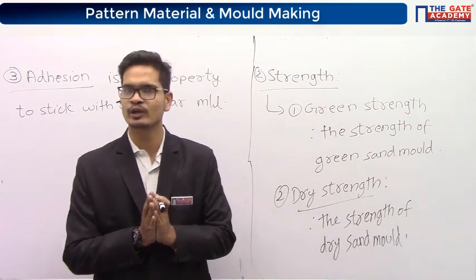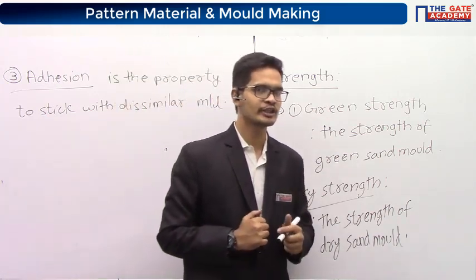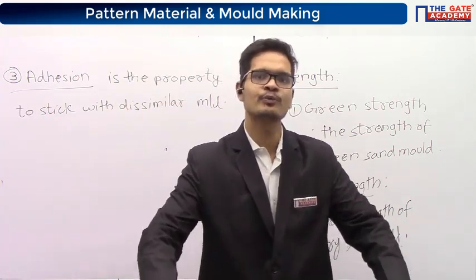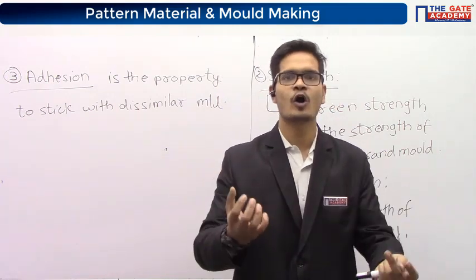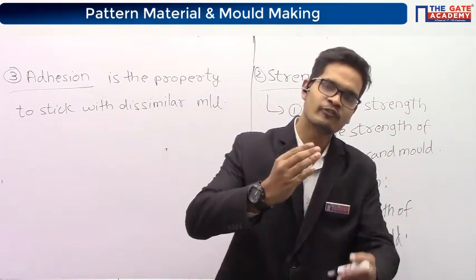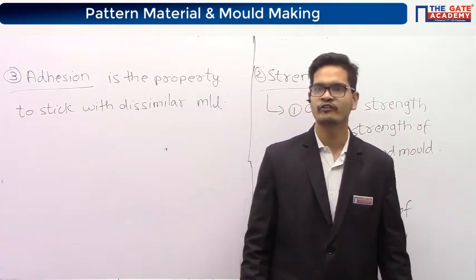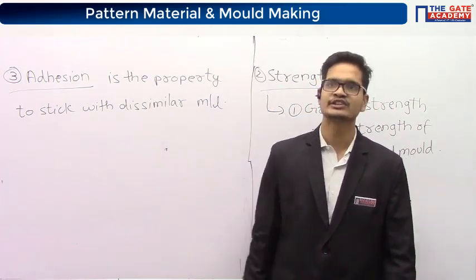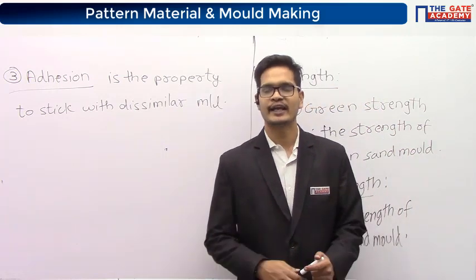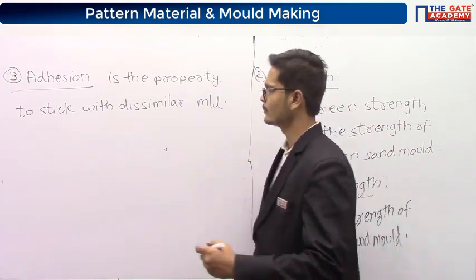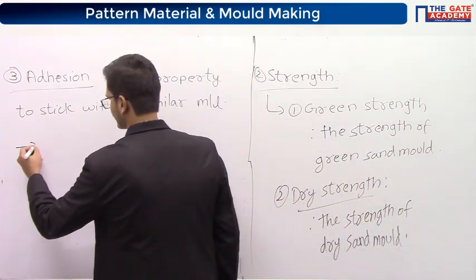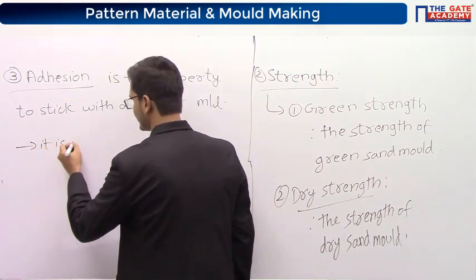If the adhesive property is not good, as soon as you pick up the molding flask, all the molding sand will fall down from the molding flask. That's why adhesion is needed. Understood?